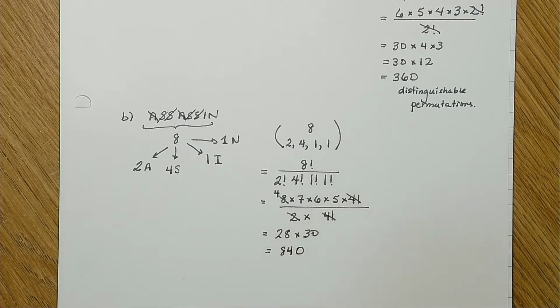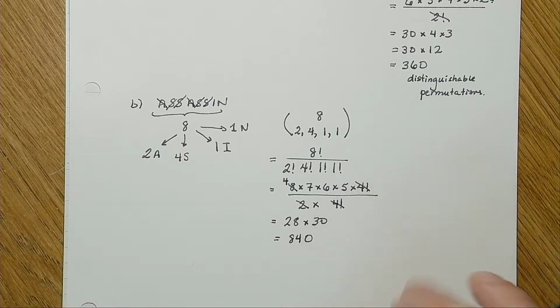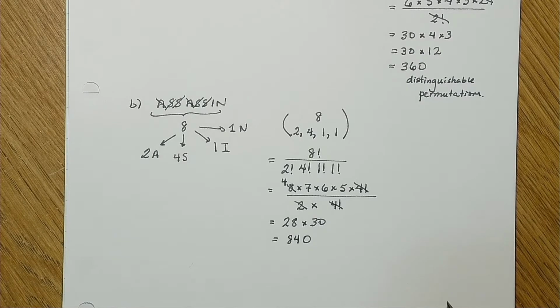And then add the 0 to get me 840. Did I do that correctly? Perfect. Okay, so we did the permutations with letters.